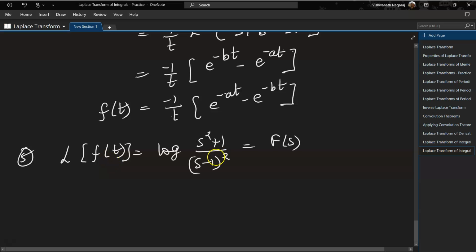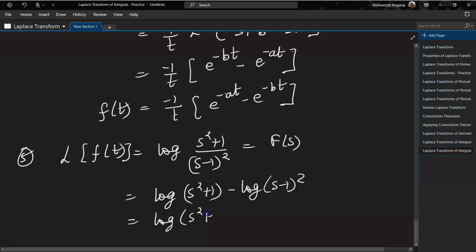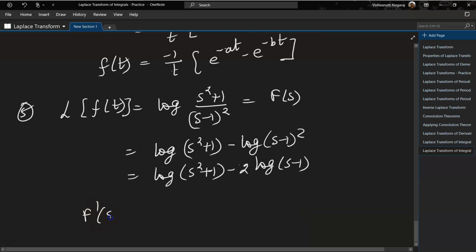Laplace of this function is equal to this. So we can write this as log of s square plus 1 minus log of s minus 1 square, which is log of s square plus 1 minus 2 log of s minus 1.